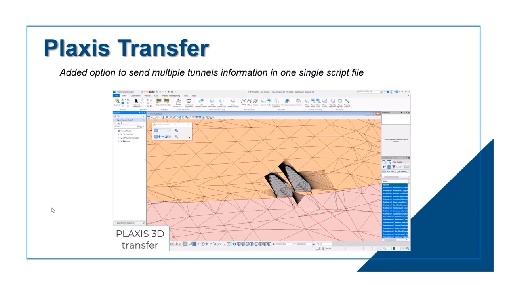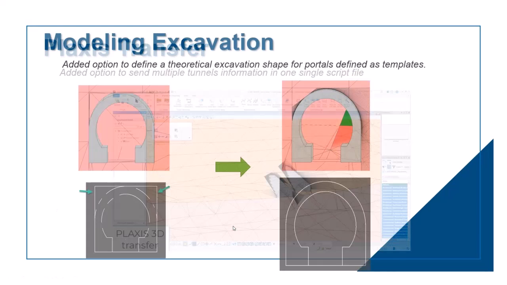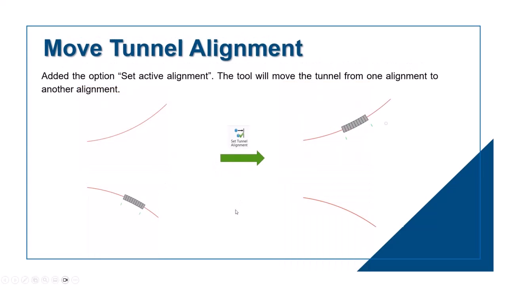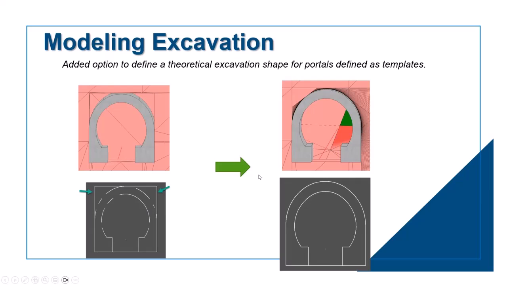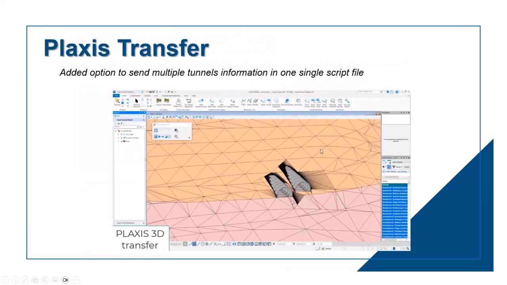Now, the progress here in the software is that for all these sections, when we do the Plaxis transfer, it's immediate. There is no need to do the scripting. The transfer of the tunnel section to Plaxis will write the script automatically for you.